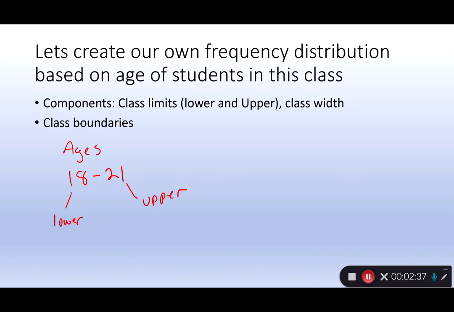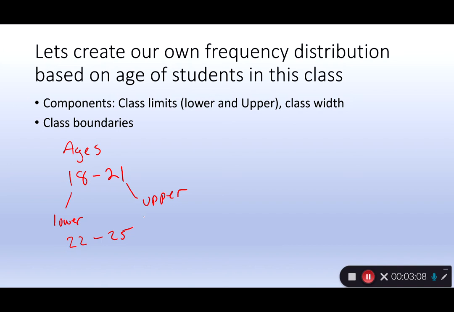And then, of course, we can't use 21 twice, so our next class would be 22, let's say, to 25. Any questions thus far? Now, our class width is the difference between the lower class limits. So you could do it one of two ways.